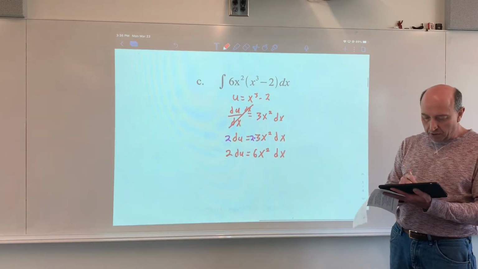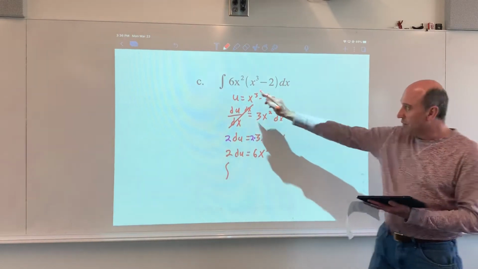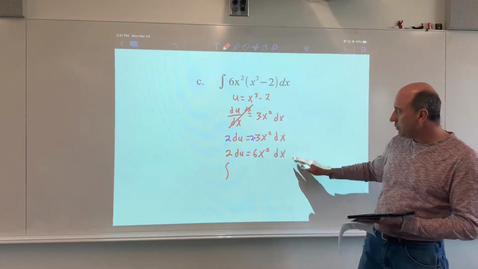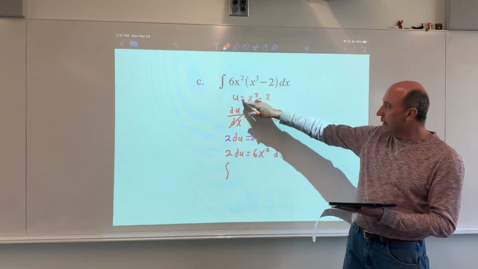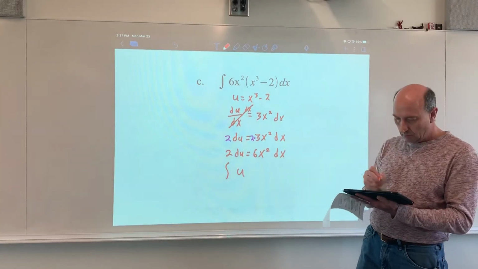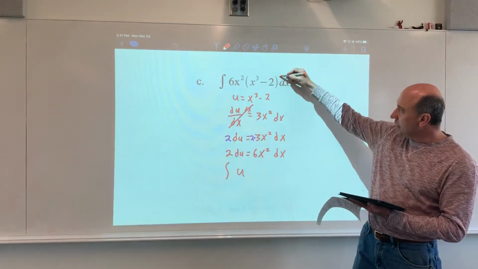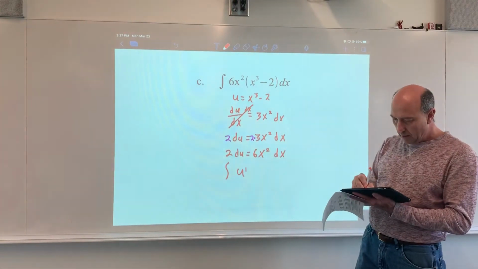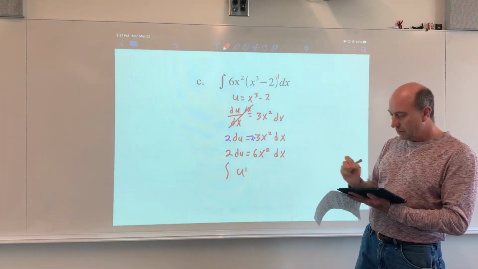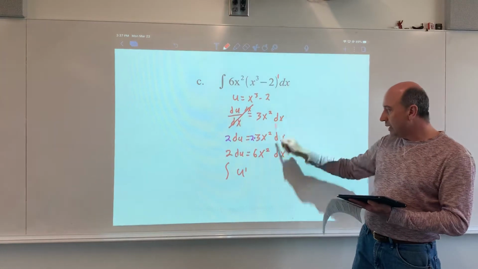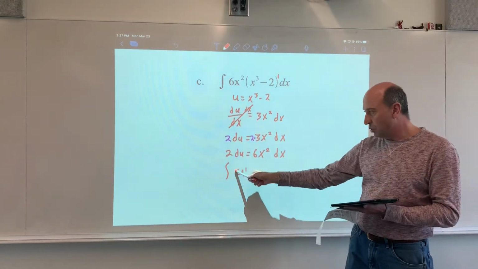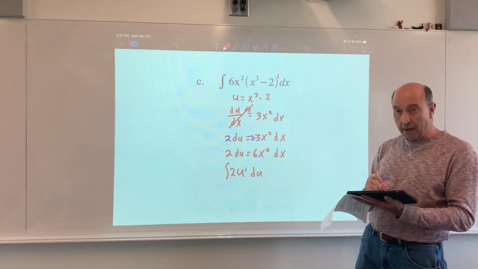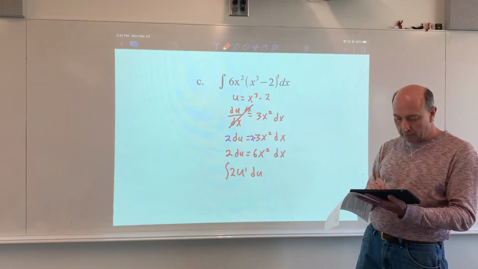Now let's try to write it with u's. x to the third minus 2 is u. And if there was an exponent here, that would go here. So this is just to the first. Now, 6x squared dx is 2du. The 2 looks better in front, so I'll put it there. And the du looks better at the end, so I'll put it there.